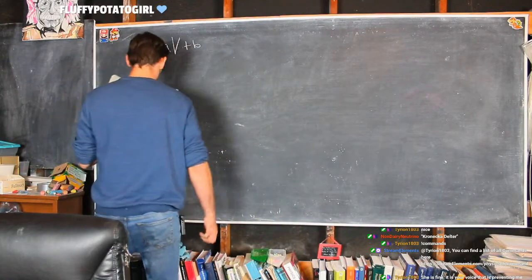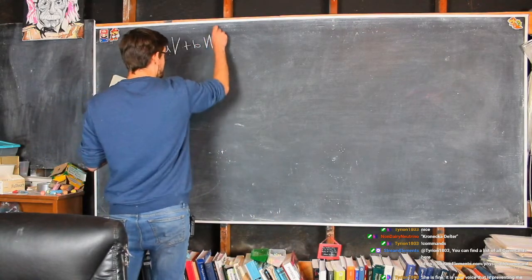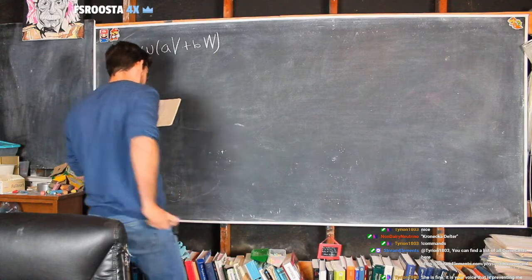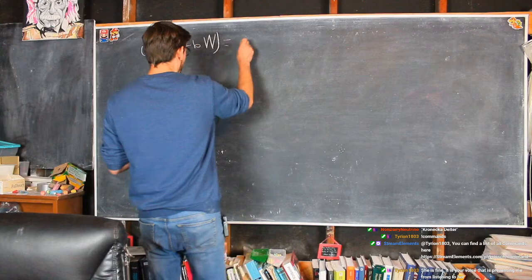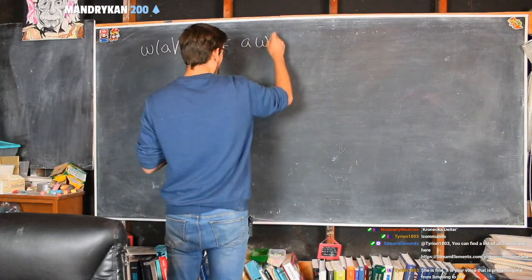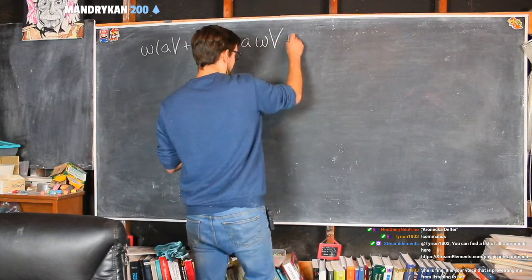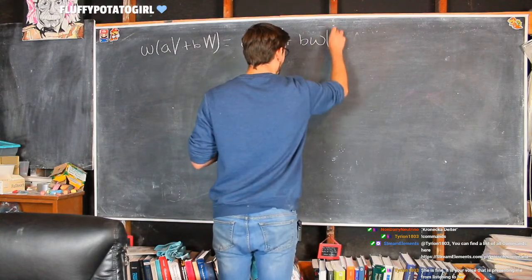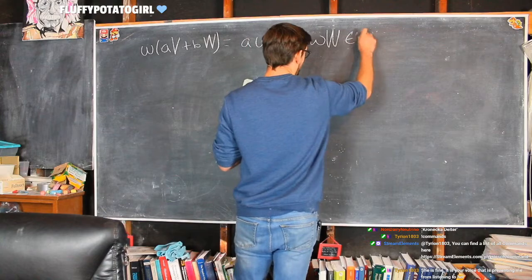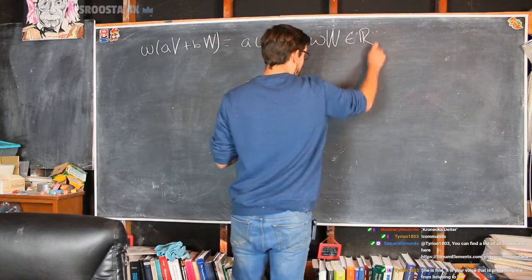Since these are real numbers, you can pull them outside the vector. So you'll have an a times the dual vector times the vector, then a b times the dual vector times the other vector, and this is some element of the real numbers.